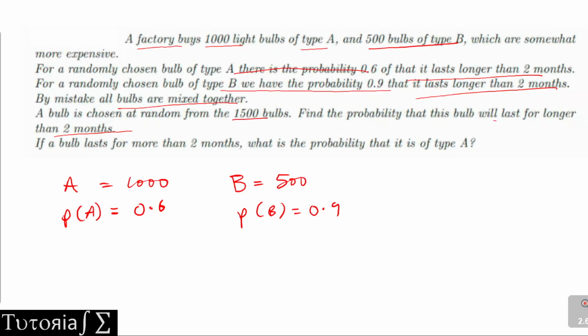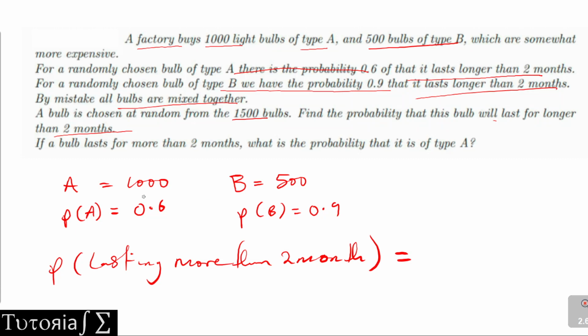Now, since we have two groups of bulbs here, we find the probability of lasting more than 2 months. We don't know which bulb will be picked, since it's random.